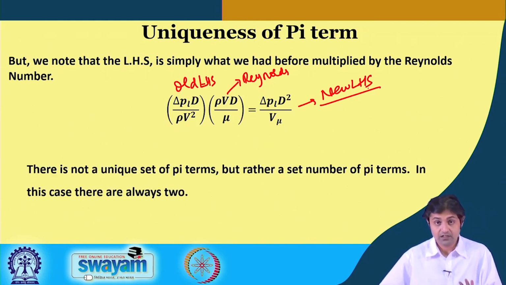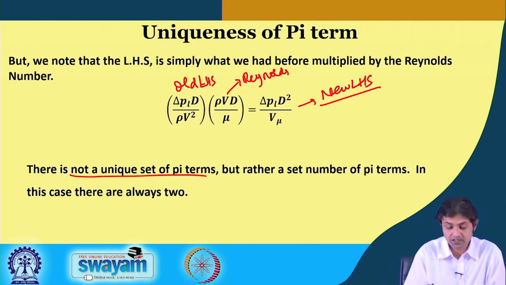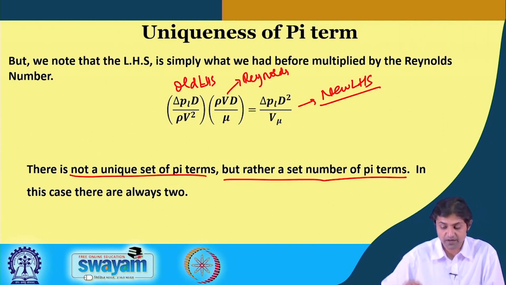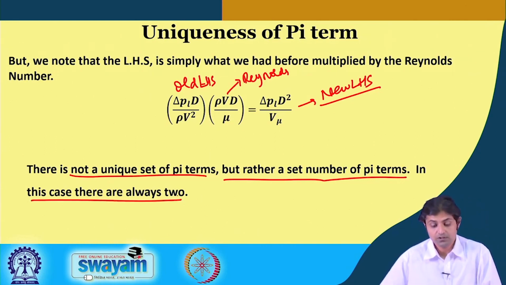So, the conclusion is there is not a unique set of pi terms, but rather a set number of pi terms. In this case, there are always 2.